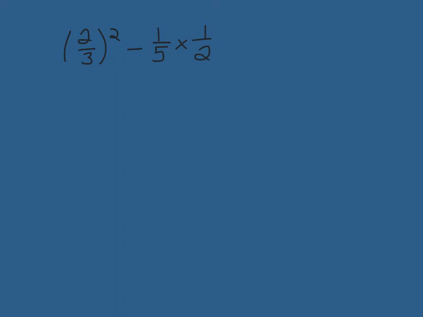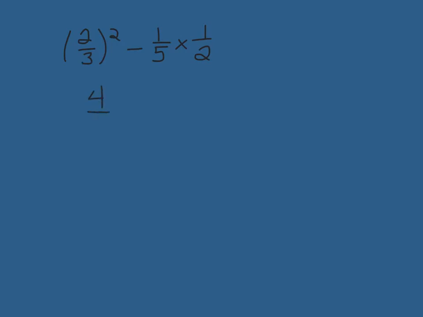We have 2/3 squared minus 1/5 times 1/2. Well, we have parentheses right here, but there's nothing to do inside of them. Our next would be exponents. We have an exponent here, so we need to start right here. 2/3 squared would equal 4/9.